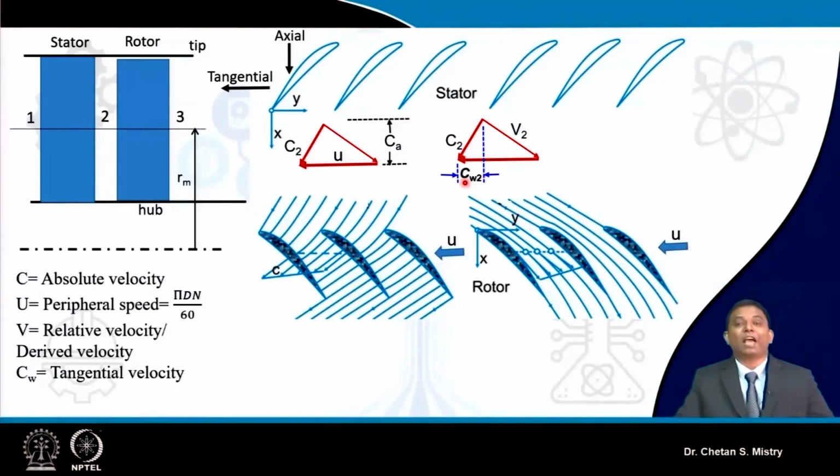Now what is happening at the exit of the rotor? My flow will come out with some velocity, let's say the relative velocity V3. We know we have our rotational speed, so I will put my rotational speed here. And as we have discussed, our velocity triangle needs to be a closed entity.